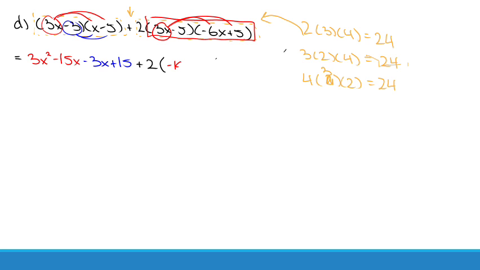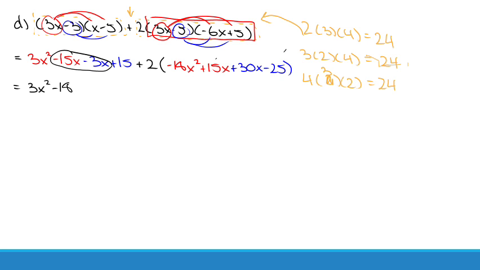So negative 18x squared plus 15x. Second term now, plus 30x minus 25. Okay, we got some like terms to collect. So I can collect here 3x squared minus 18x plus 15.